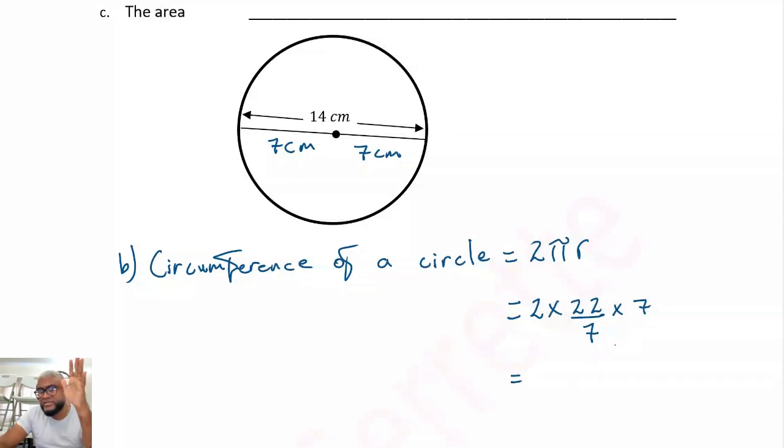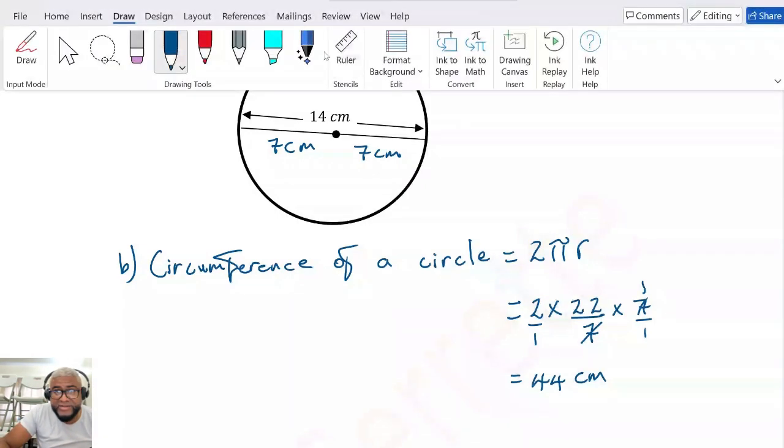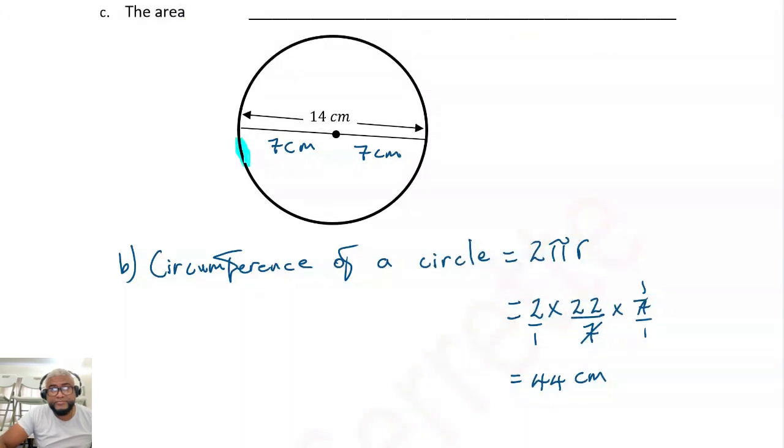So let me work. Now, guys, we beyond this now, right? This is 2 over 1. This is 7 over 1, right? We could cross multiply here. We could actually say 7 into 7 is 1. 22 multiplied by 2, or 2 multiplied by 22, will give me 44 centimeters. This here is the circumference of my circle, or the distance around my circle. I'm going to highlight what it represents, right?